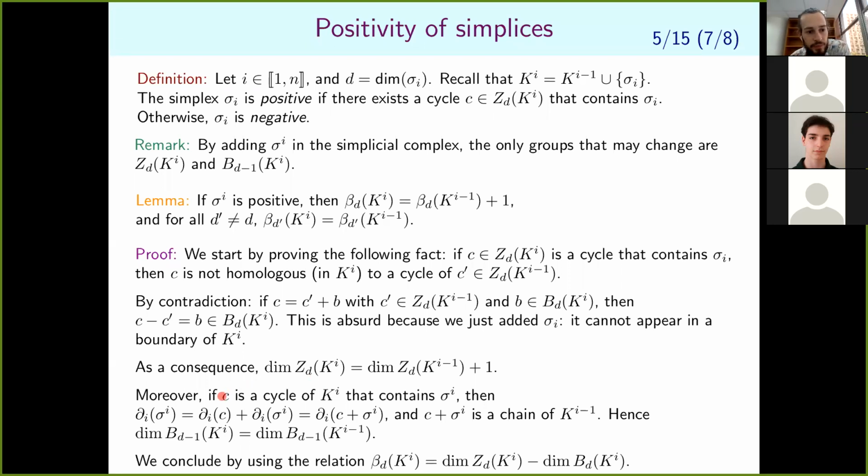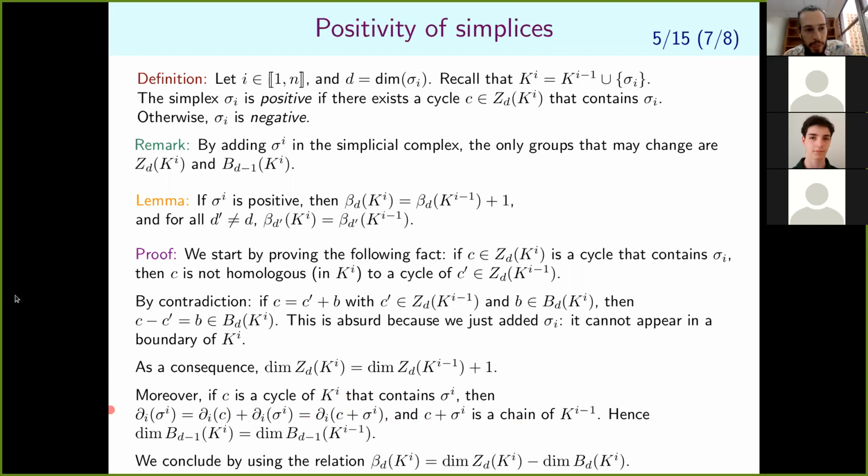To prove so, what do I do here? I take a cycle that contains sigma I, and then I prove, by computing boundaries, that my cycle plus sigma I... okay, sorry.